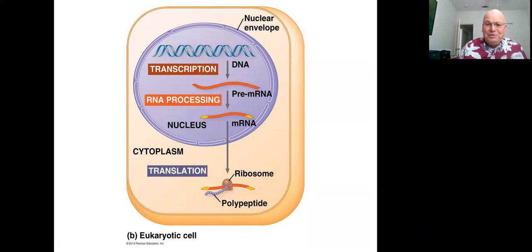And there are a number of different steps involved in that processing, and we'll talk in detail about what that processing consists of. But in the end, again, still inside the nucleus, the pre-messenger RNA, the transcript, is processed to give eventually the intact, complete, and ready to go messenger RNA, which is then exported out of the nucleus so that it can be translated by the ribosomes.